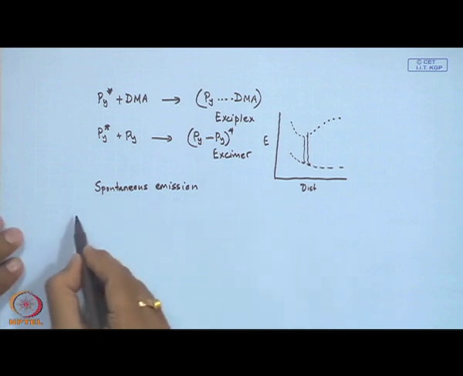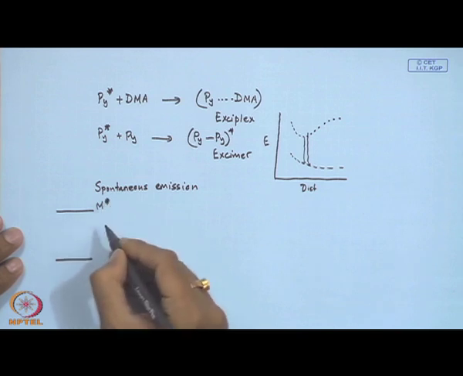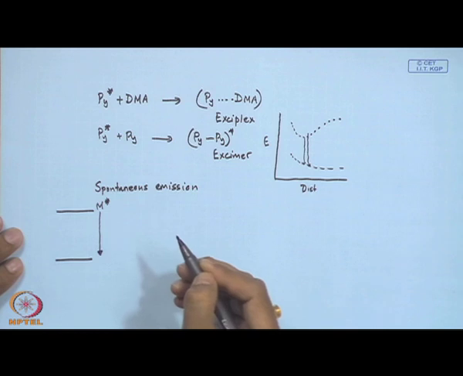Spontaneous emission means the moment you generate the excited state, M star, it has the probability to undergo de-excitation spontaneously.